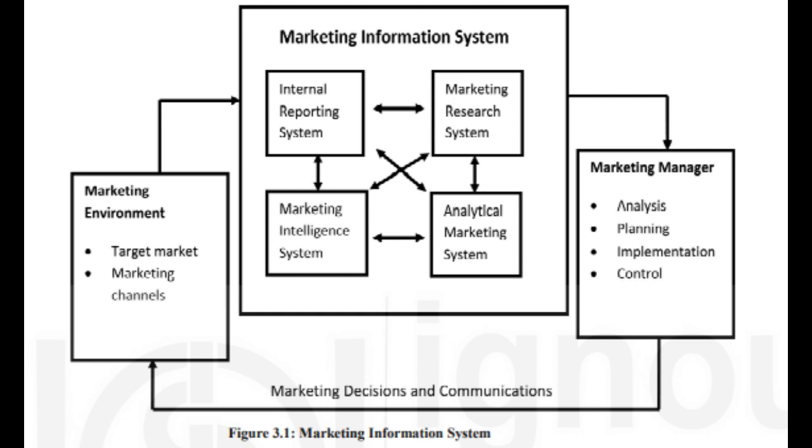It basically disseminates result data such as orders received, sales made, inventory levels, accounts receivable and bills payable. The system enables the marketing managers to know which of its products and brands are selling well in which markets and in which seasons.